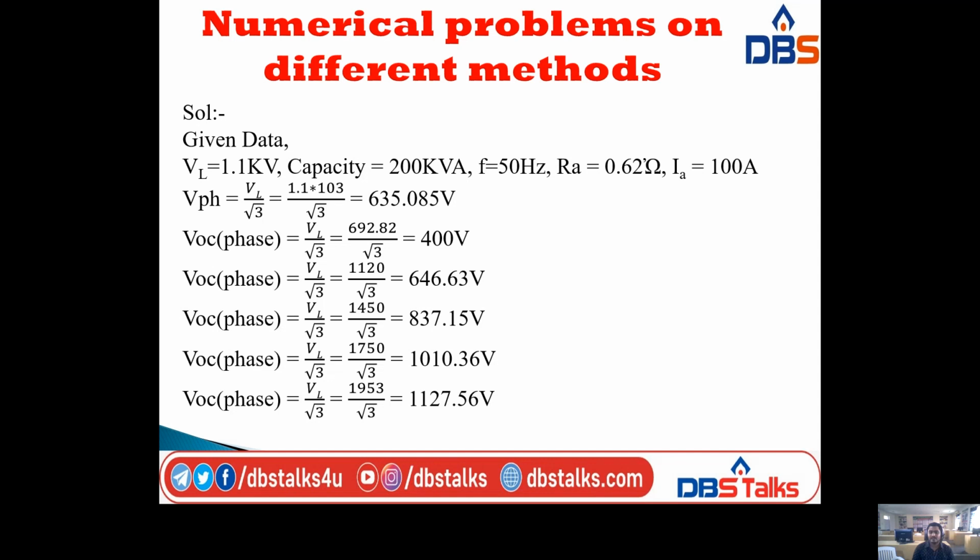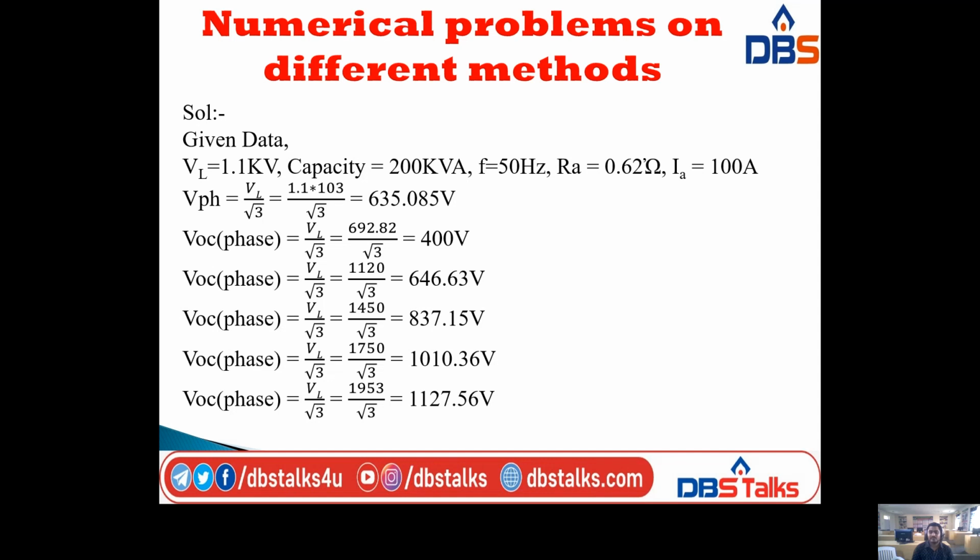For the third value, the open circuit voltage per phase is VL by root 3, with line voltage 1450 divided by root 3, equal to 837.515 volts. For the fourth case, VOC per phase is VL by root 3, with line voltage 1750 by root 3, equal to 1010.36 volts.